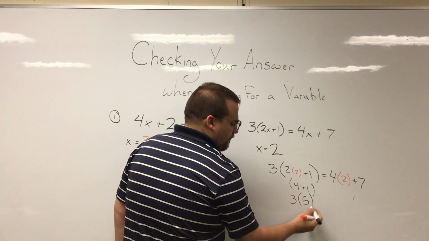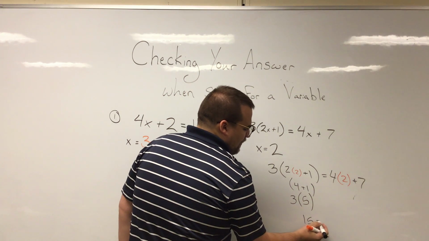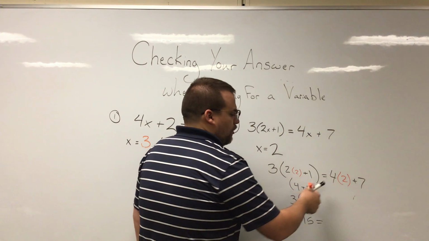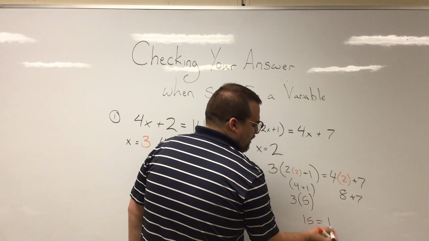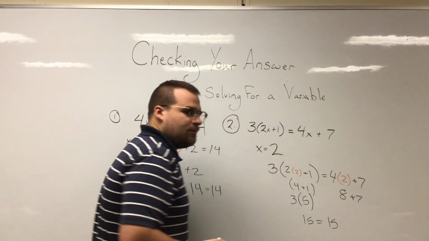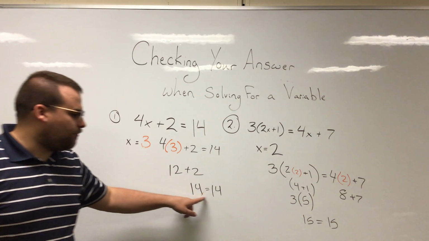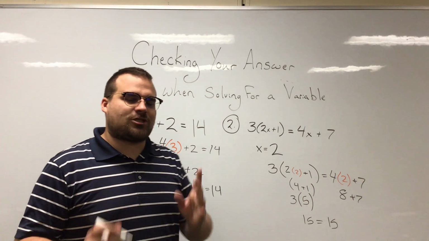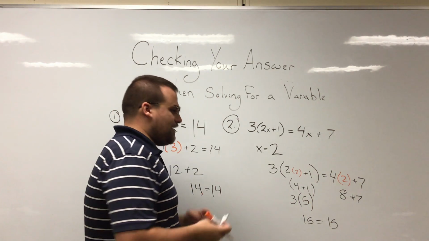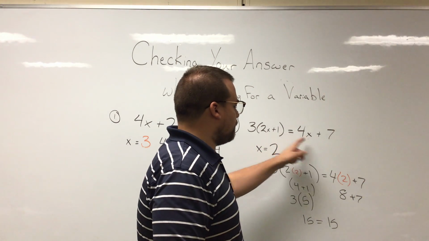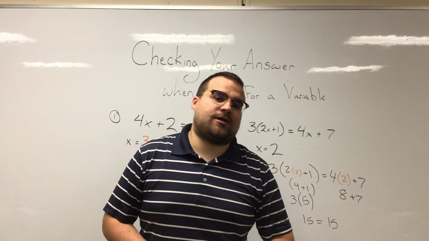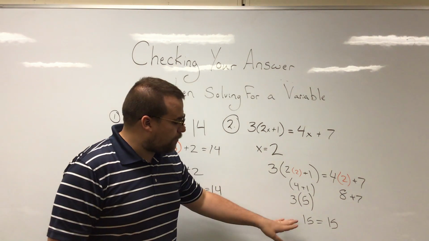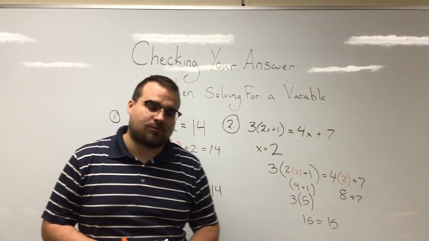So 3 times 5, we get 15 on the left side. Over here we have 4 times 2, or 8, and 8 plus 7 gives us 15. So just like before, we ended up with the same number on each side of the equal sign. Now we had a little bit more work to do here because we had to solve that little expression on each side, but we were able to do that and prove that the answer we got is correct.